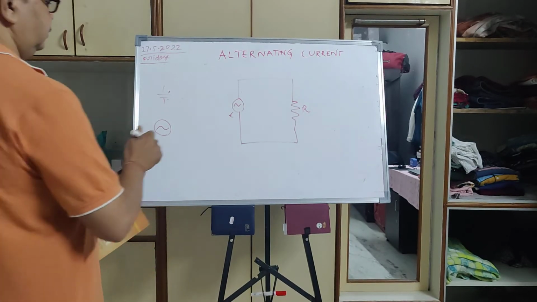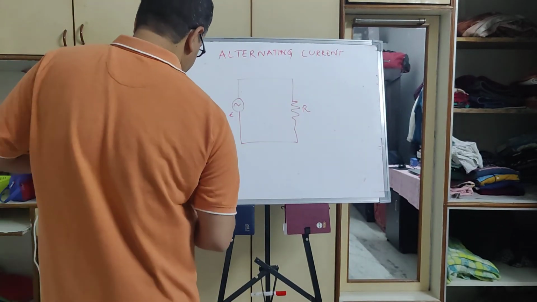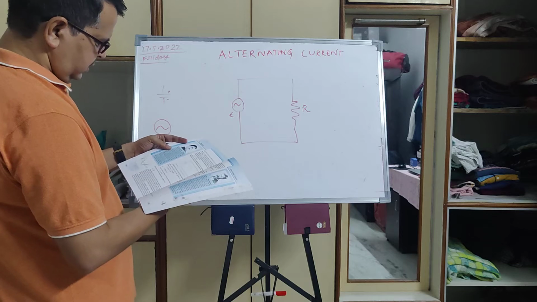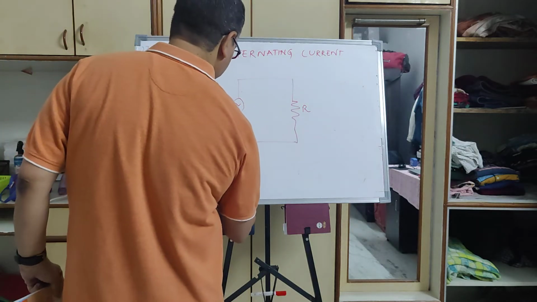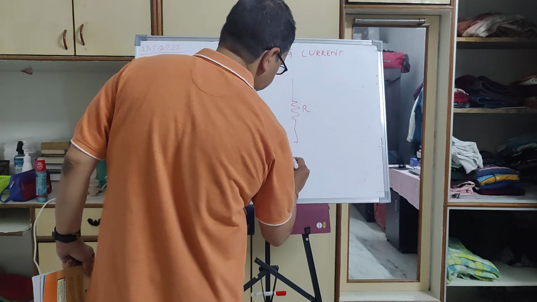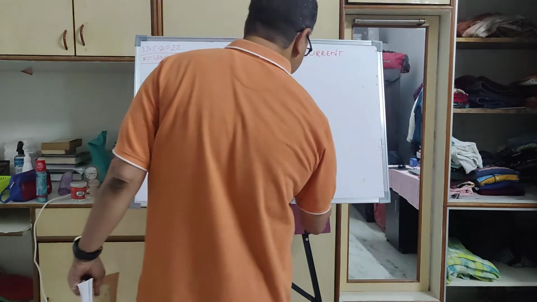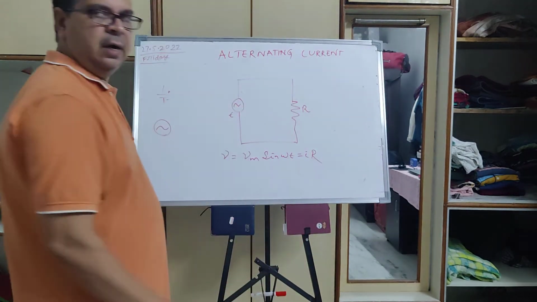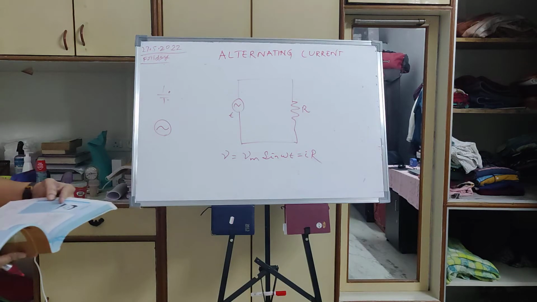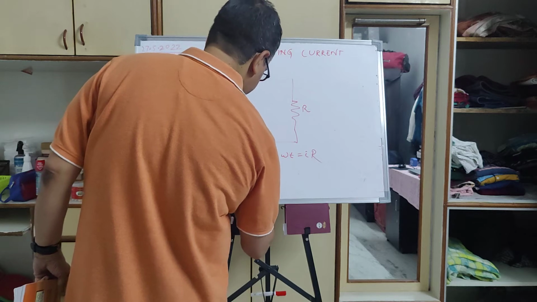This AC voltage is represented by small v equal to Vm sin omega t. This is how we represent the AC voltage. Since voltage is current times resistance, the current will be Vm by R sin omega t.